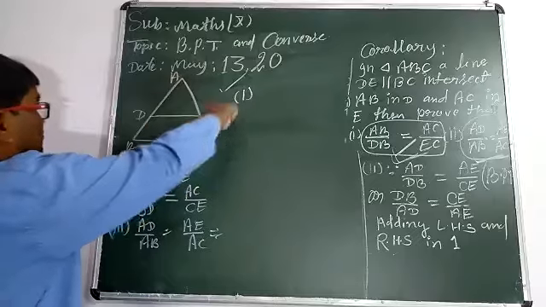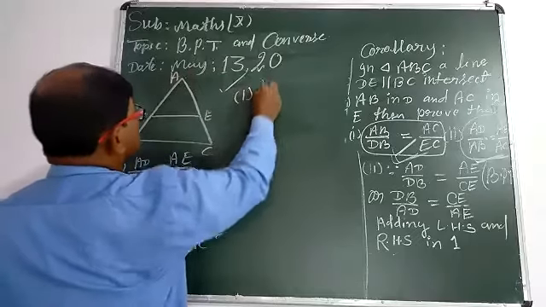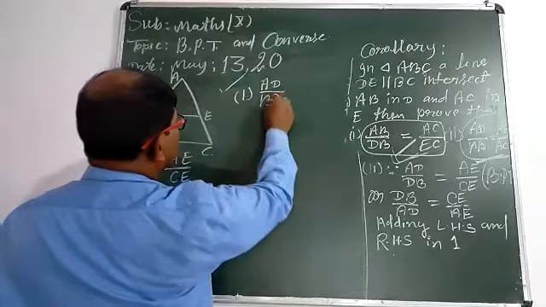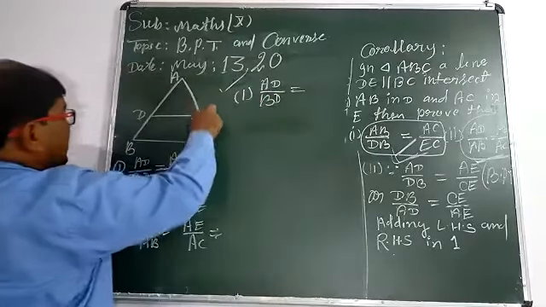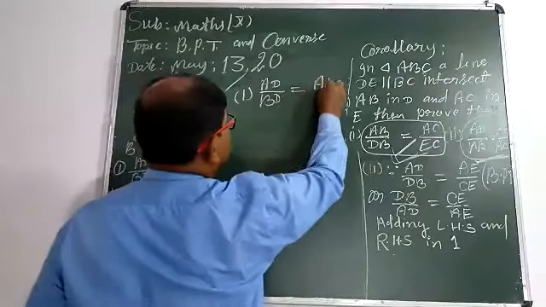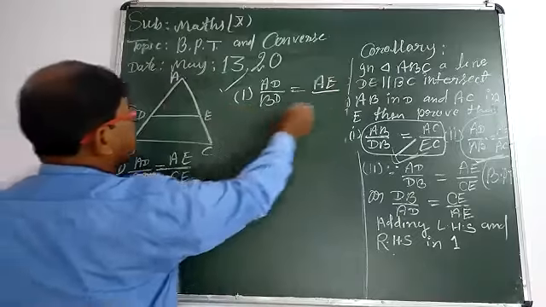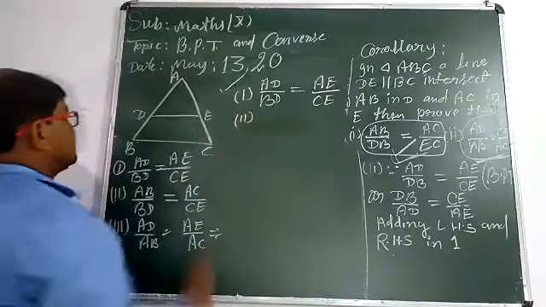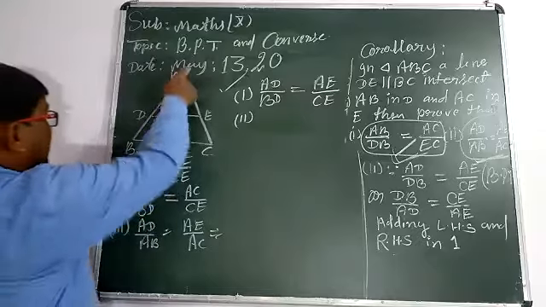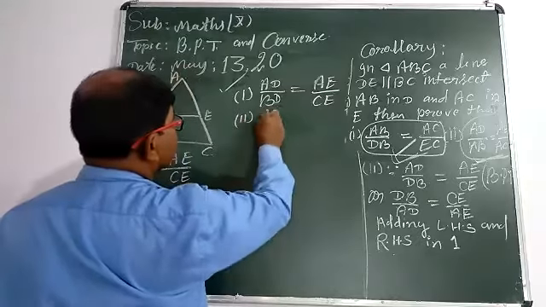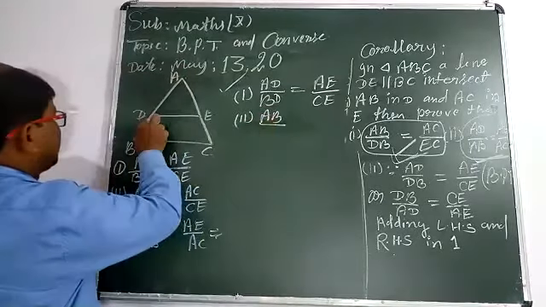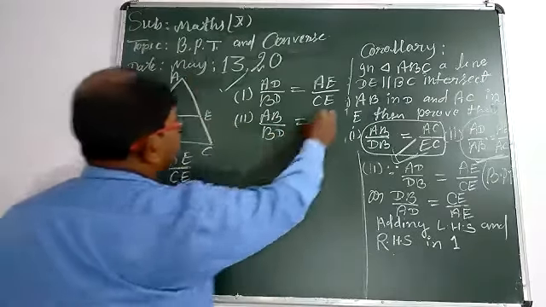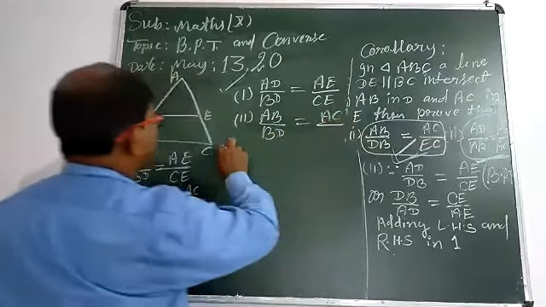BPT is, check this diagram, AD upon BD equal to AE upon CE. Corollary is AB upon BD equal to AC upon CE.